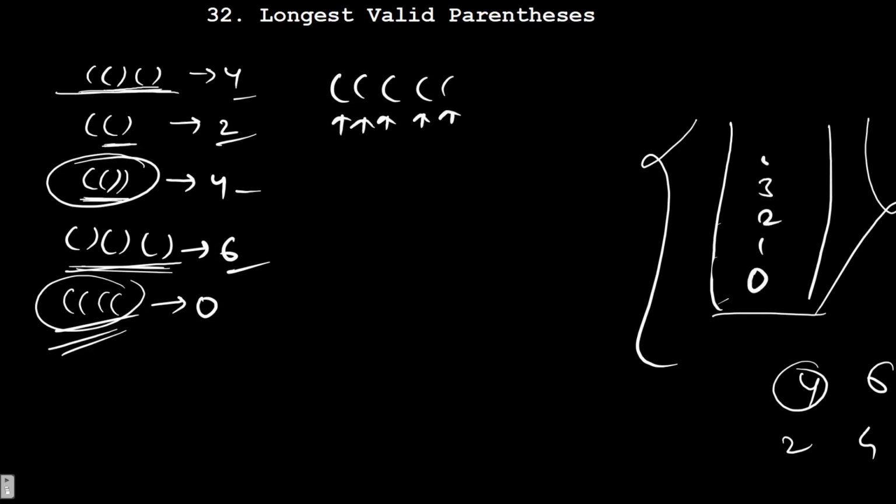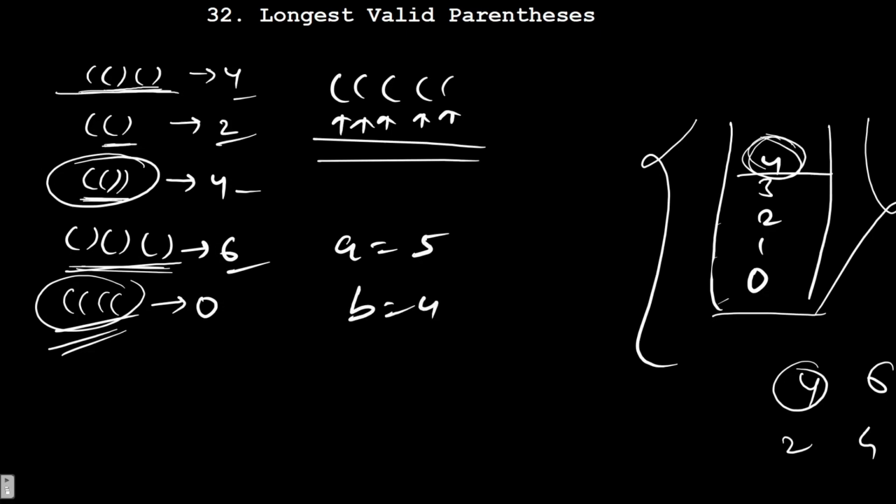Now we can see that there is nothing to pop, so we will come after that and see what is the top element, the top index of the stack, that is 4. So we have a equal to 5 for now, which is going to be our length, and b is going to be 4. So 5 minus 4 is going to be equal to 1, minus 1, that is 0.